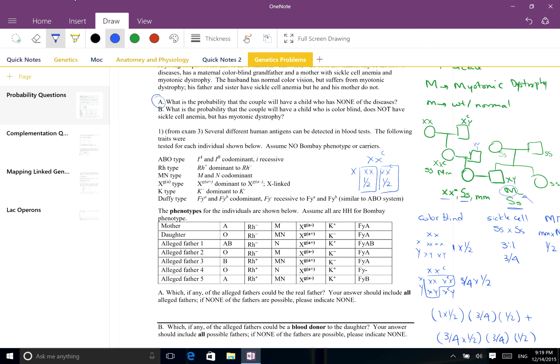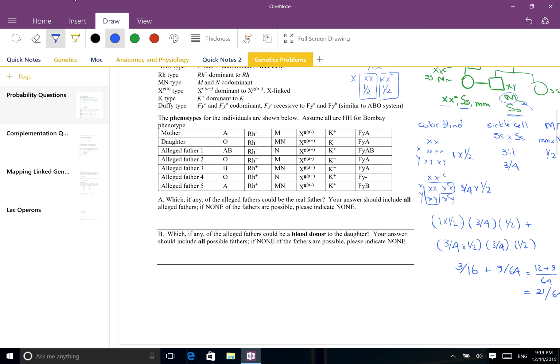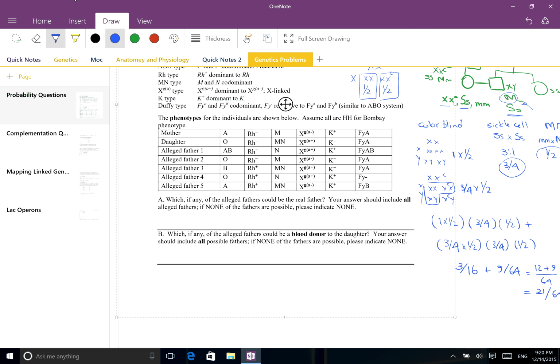Part B asks you what's the probability that the child would be colorblind but not have the other diseases. So again, we know for sickle cell not having it will be 3/4. For not having myotonic dystrophy, will be 1/2. And then for the child to have the disease, it's gonna be 1/4 times 1/2.